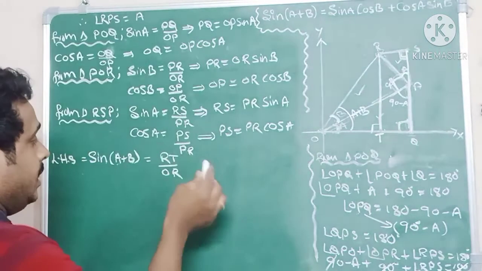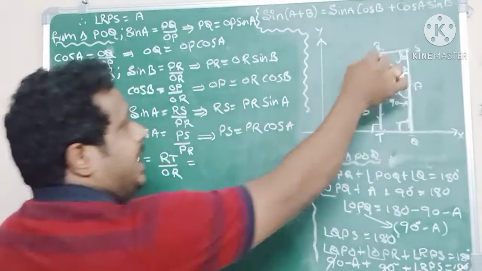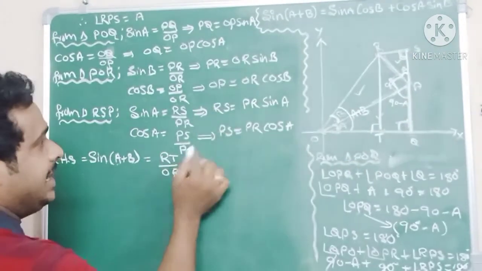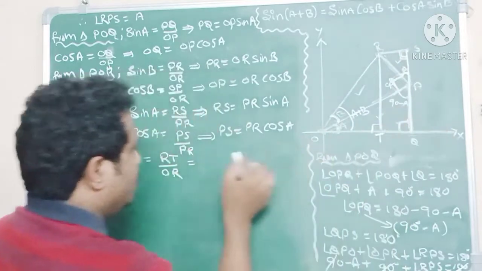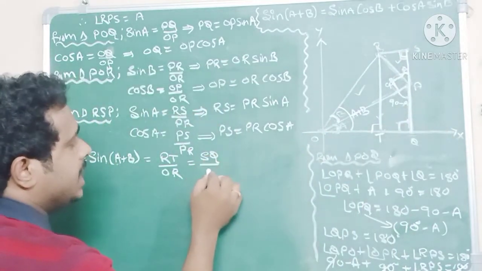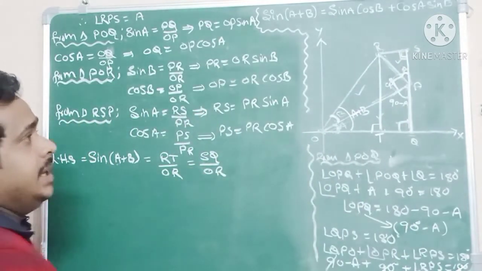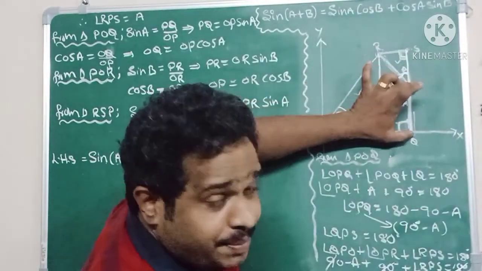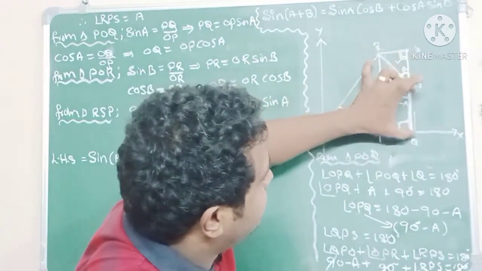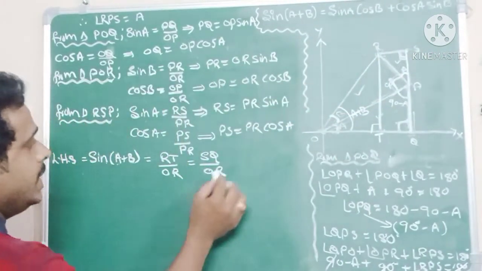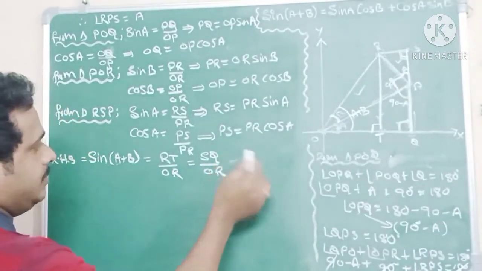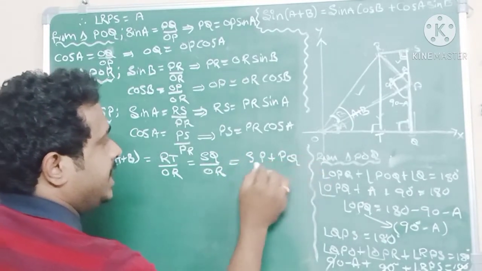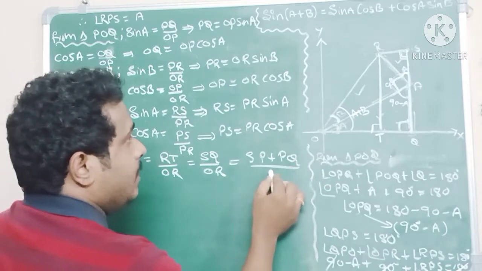In the next step, the RT length we can write as the SQ length. RT length is equal to SQ by OR. SQ is nothing but SP plus PQ. The sum of this length plus this length is nothing but SQ. So let me write this as SP plus PQ by OR.